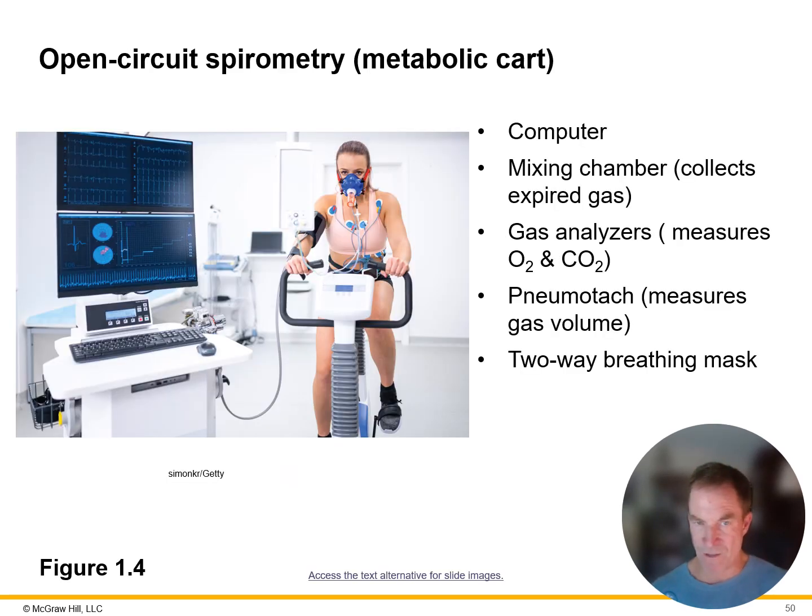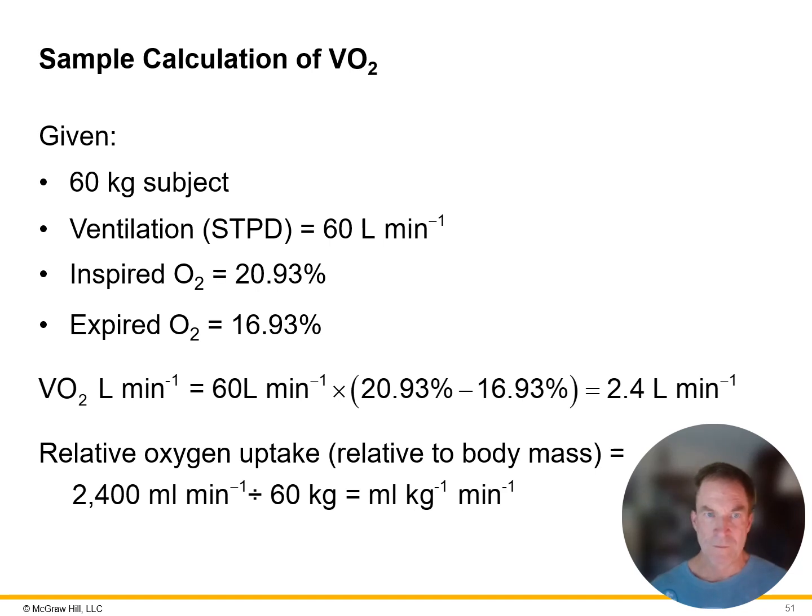And this is how you can measure it, with O2 and CO2 analyzers. I had one called New Leaf, but they have better ones now in various labs. But when you're trying to do an exercise test on someone, you're going to try to calculate what they call VO2 max.